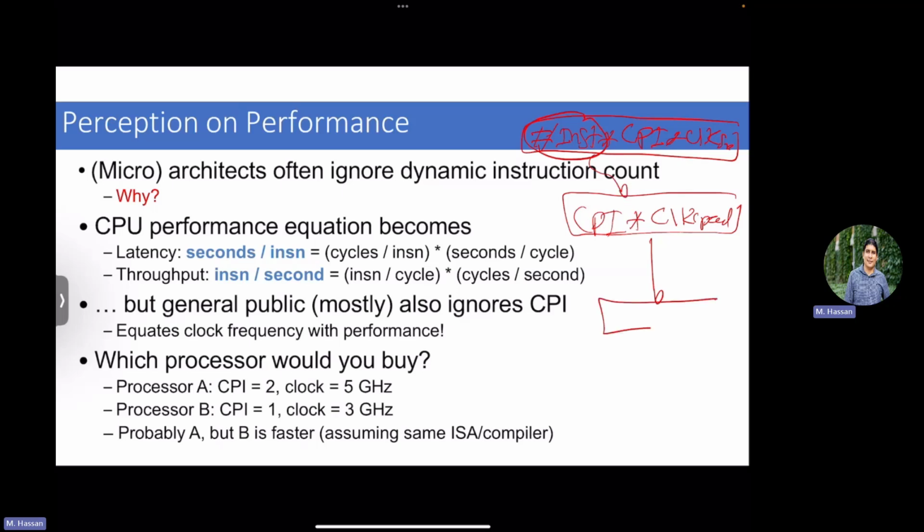Now, think about someone going to buy a new machine, a laptop. I don't know if some of you are old enough for that, but like 10, 12, 13 years ago, I used to have a hobby of assembling my desktop myself, right? So you would go to a mall or somewhere and buy the processor chip separately, the Intel chip, you buy your RAM separately, you buy the motherboard separately, and then you assemble them, right?